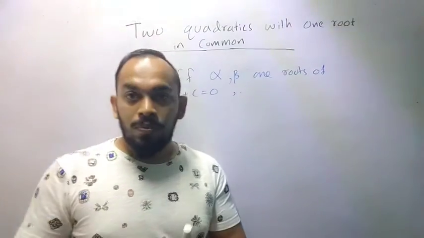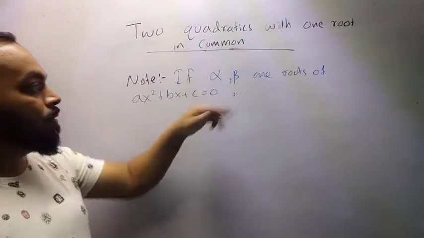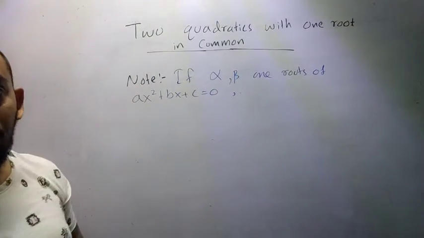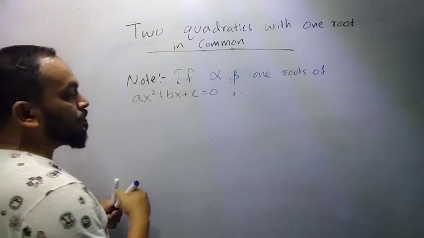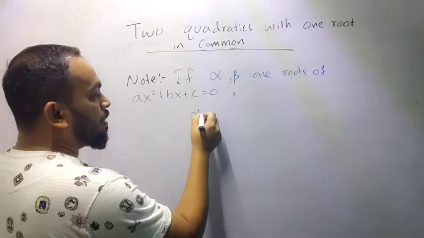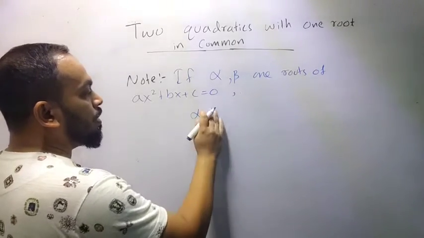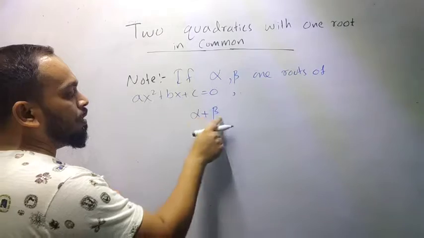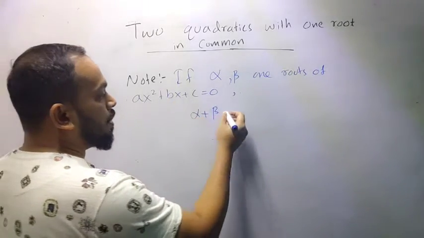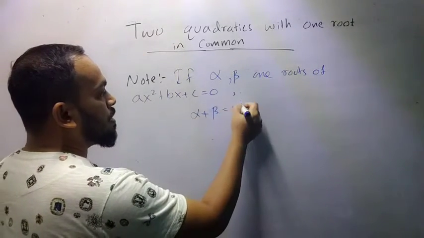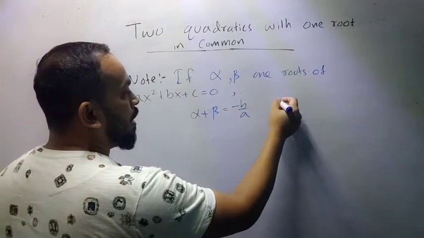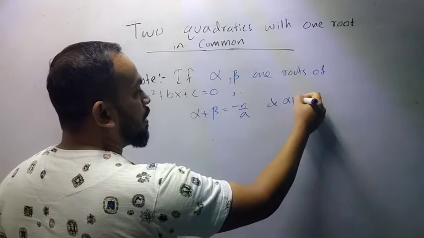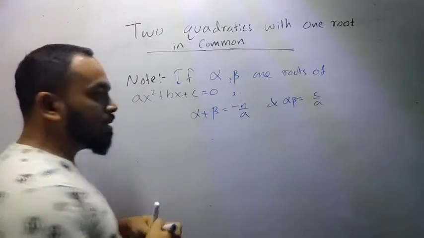In previous videos we saw that if alpha and beta are roots of ax squared plus bx plus c equals 0, we can get these relationships between the roots and the coefficients of the quadratic equation. Alpha plus beta is minus b over a, and alpha into beta is c over a. This is what we saw.